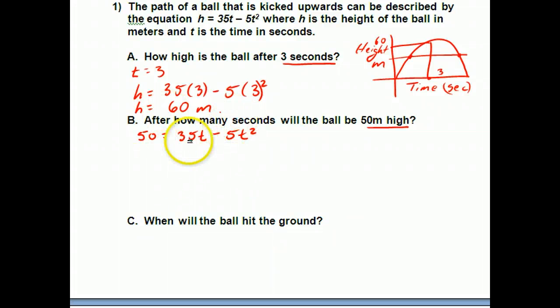This one looks like I'm going to try factoring first. So let's set our equation to 0 like we always do. I'm going to bring these two over to the other side. So I'm going to subtract 35t from both sides and add 5t squared to both sides to put this in standard form.